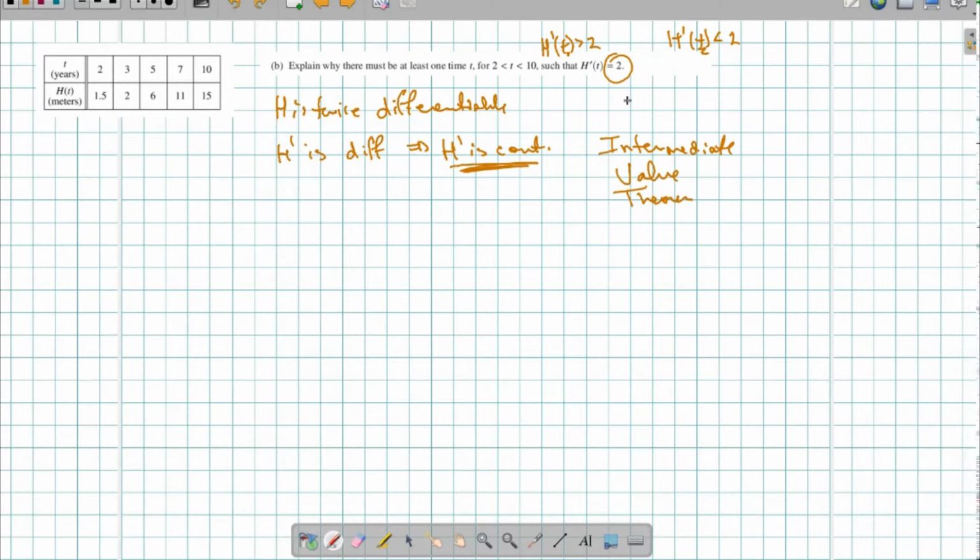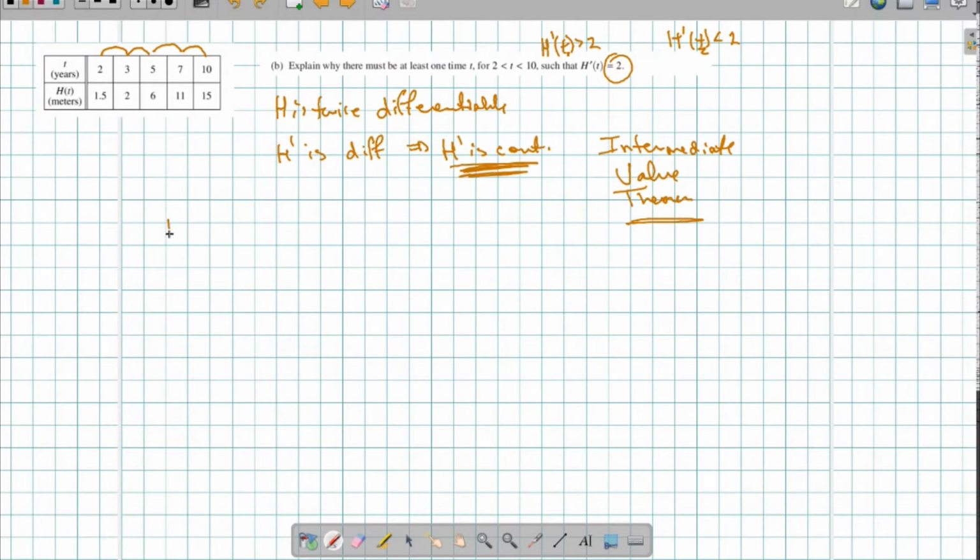So I can say that if I take a look at this, I can take a look at what's happening on several of these intervals, from 2 to 3, 3 to 5, 5 to 7, and 7 to 10. And I know that I can approximate h prime of t by using that average rate of change. Now, it's not going to be enough to tell me that I know it has to be that, but it kind of gives me the gist that it has to be going from below a value of 2 to above a value of 2, and then I can imply with the continuity and intermediate value theorem.